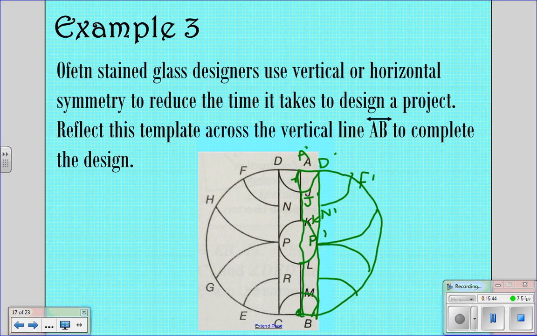And there is a prime there for that K, you just can't really see it. And so those would be somewhat what it would look like. Okay?